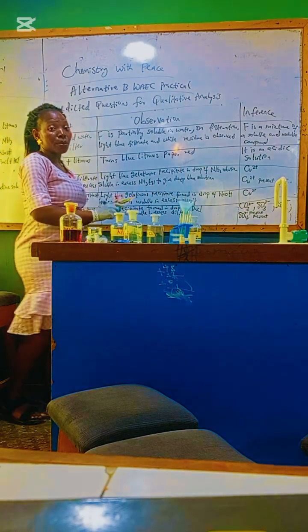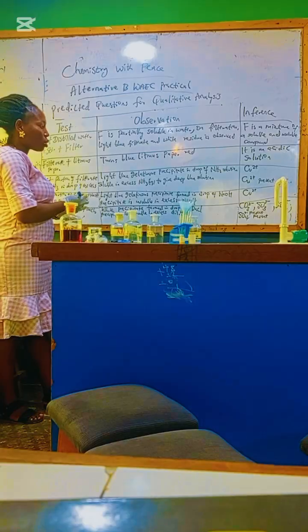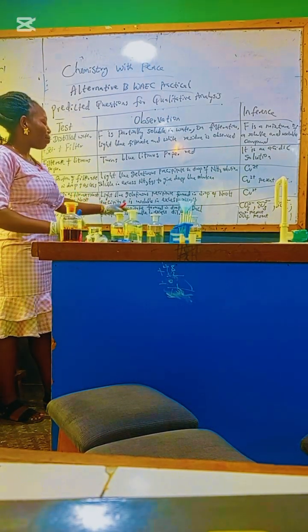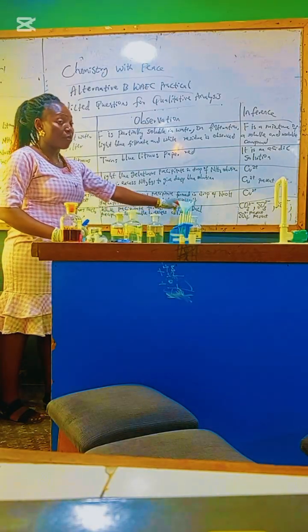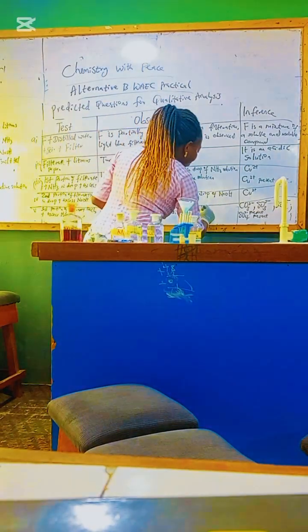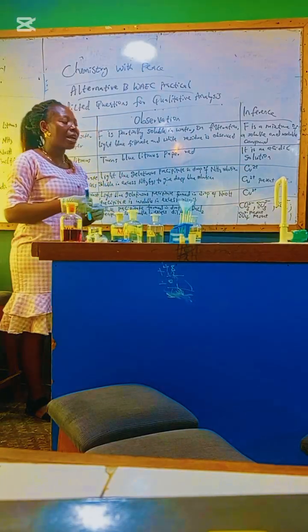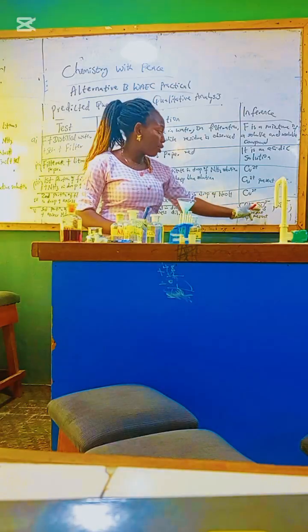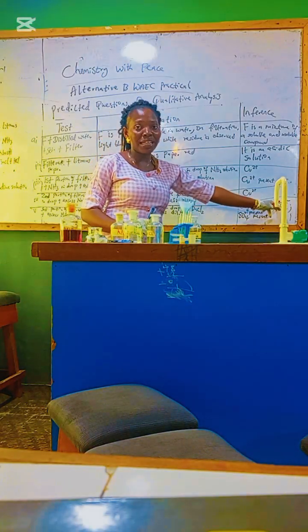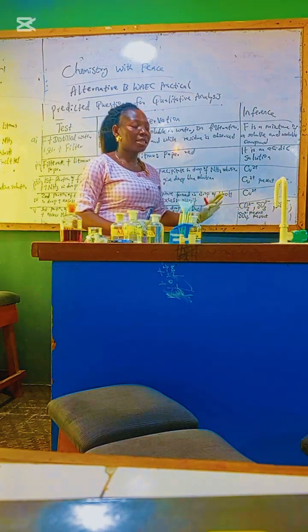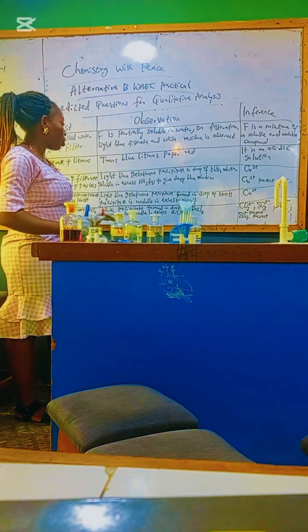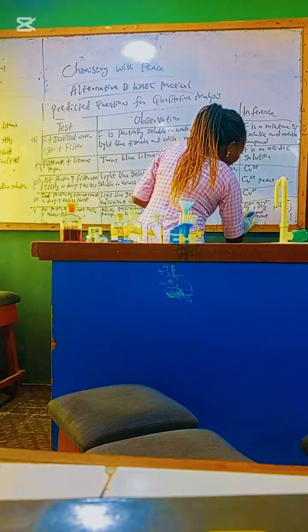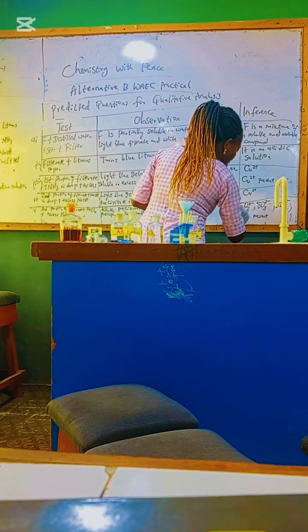Sorry, I'm just managing the board. When you add barium chloride to it, white precipitate forms in drop of barium chloride. Then your inference under that one, don't miss any of them: you must say that carbonate ion is present, sulfite ion is present, and then sulfate ion present. Then when you add dilute hydrochloric acid, the inference there is only sulfate ion, SO4 2 minus present.